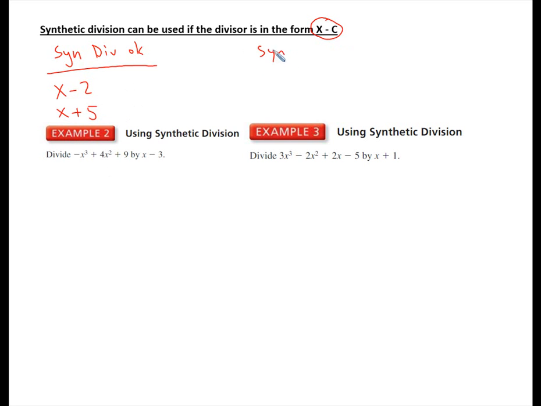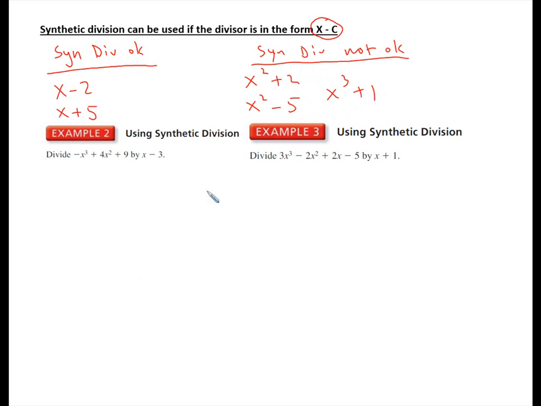Synthetic division, not okay. So you cannot use synthetic division if it's like x squared plus 2, or x squared minus 5, or x to the third plus 1. You cannot use synthetic division. So whatever you're dividing by has to be in the form x minus some number or x plus some number.